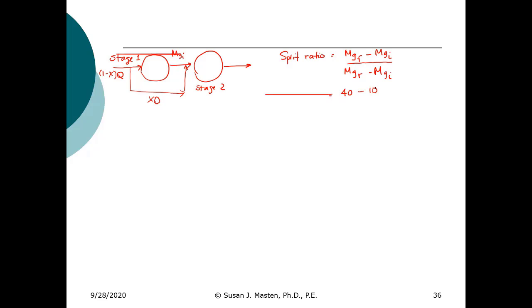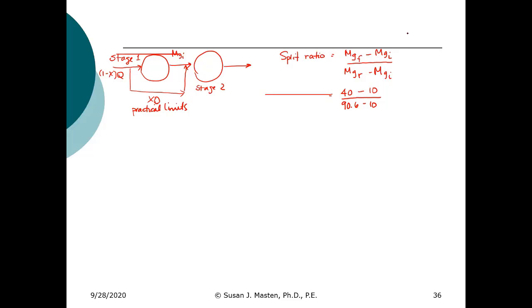We assume that the concentration coming from stage 1 is 10 milligrams per liter. So we're removing hardness to the practical limits in stage 1. And our initial magnesium raw concentration is 90.6.